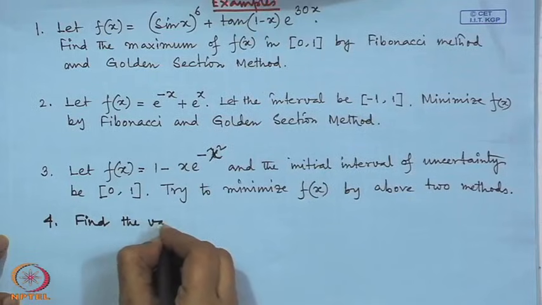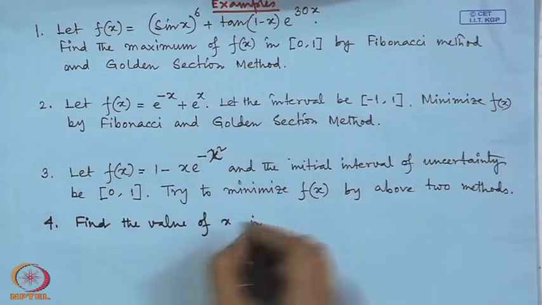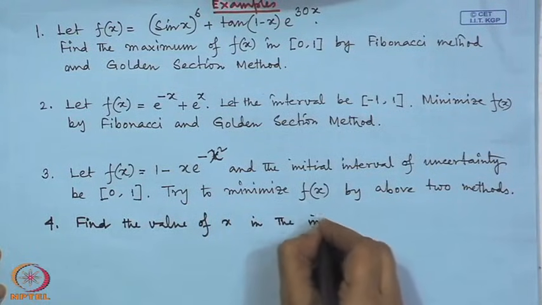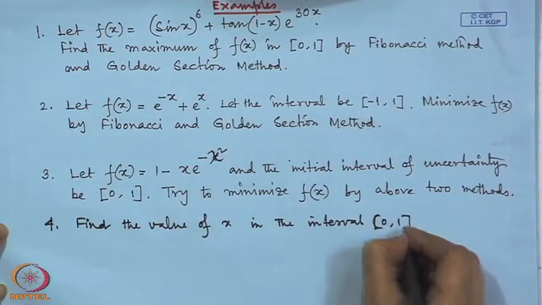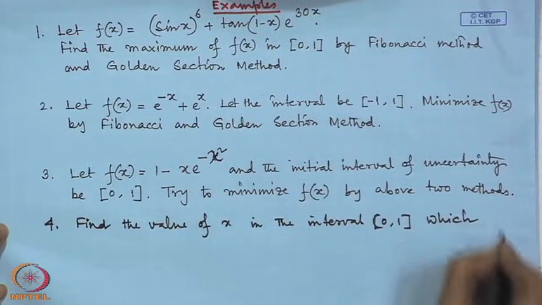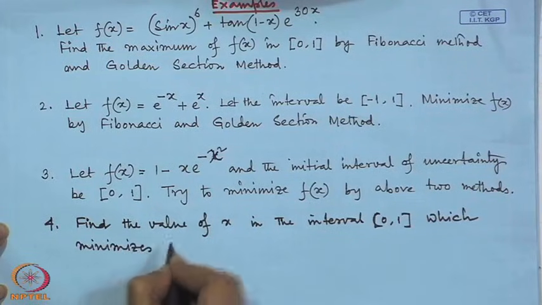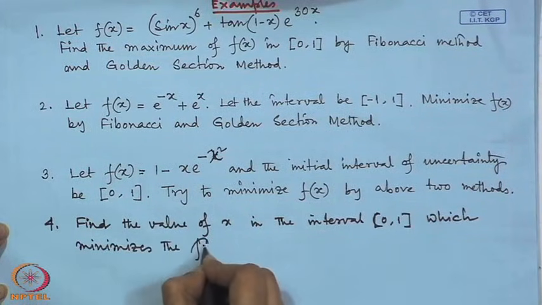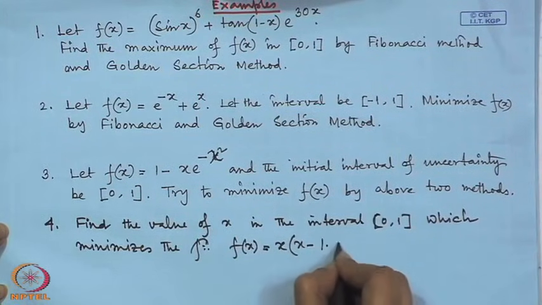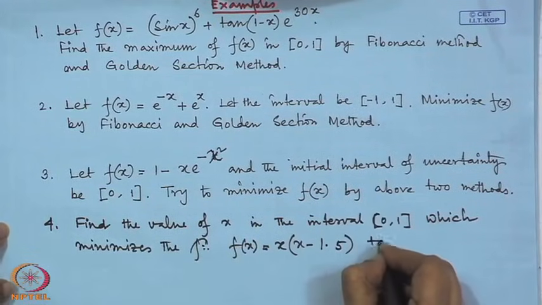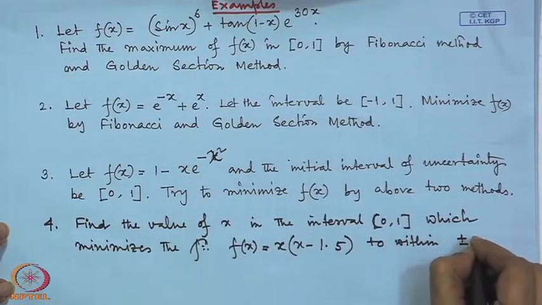Find the value of x in the interval (0, 1) which minimizes the function f(x) equal to x(x minus 1.5), and an error limit is given also here, within plus minus 0.05.